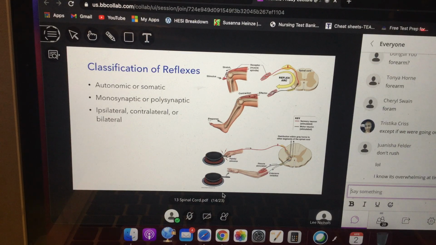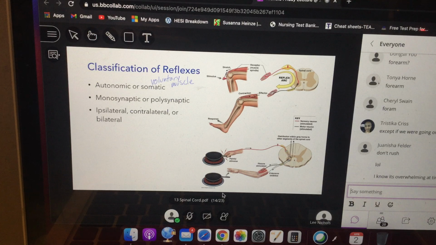These are the bold terms towards the bottom of page 71. One of the first pairs of terms is whether or not a reflex is autonomic or somatic. The basic difference between the two is that somatic involves voluntary muscle.